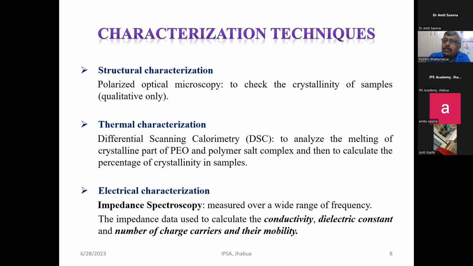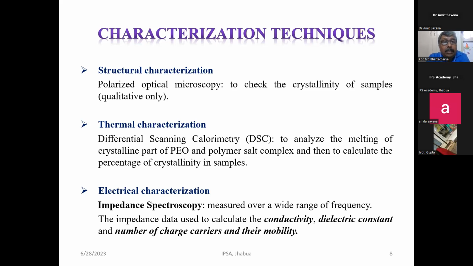Generally, we go for DSC or DTA. TG is not that much required, because once you choose a polymer, you know what the thermal stability range is. You know how the weight can change and it can decompose. But the melting and glass transition are two very important parameters. Therefore, one should study them.